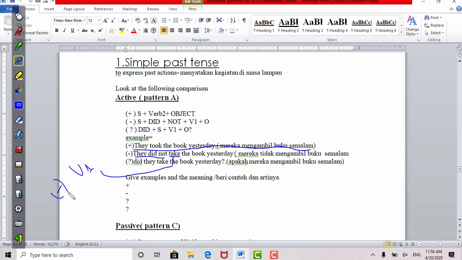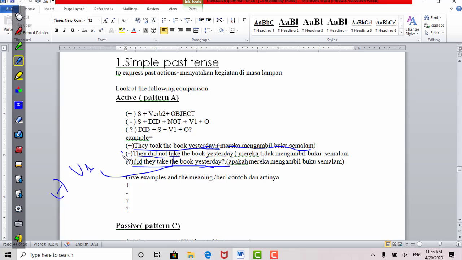Alright, the word yesterday over here is a time that shows the action or the activity was done in the past, or you did it in the past. Okay, so for the question over here: did they take the book yesterday?